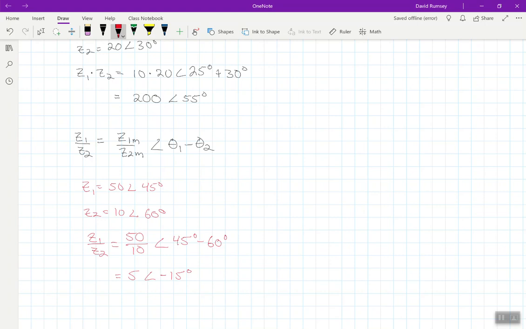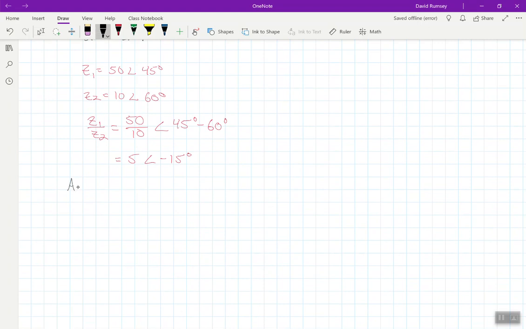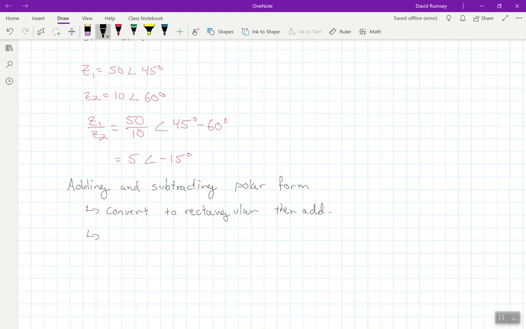Honestly, if you were to add and subtract in polar form, what I prefer to do instead is first convert to rectangular, then add, and write the final answer in the correct format.